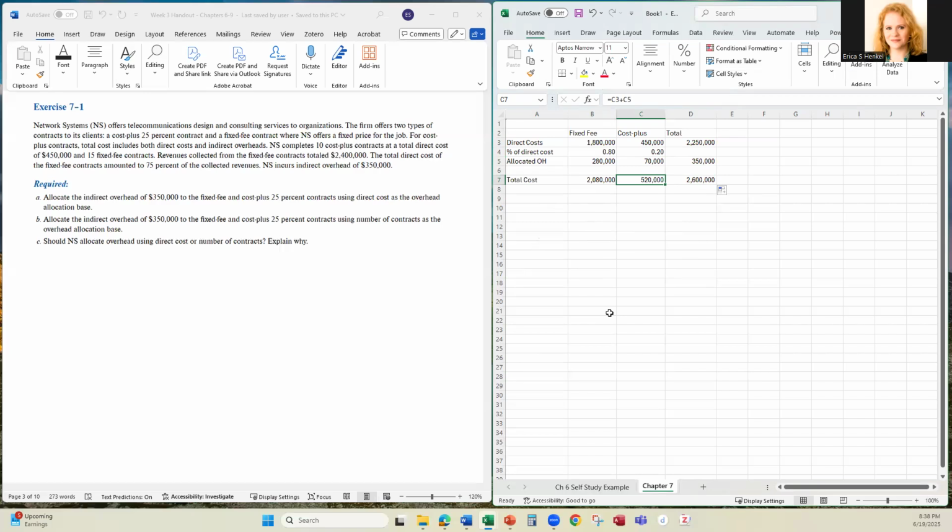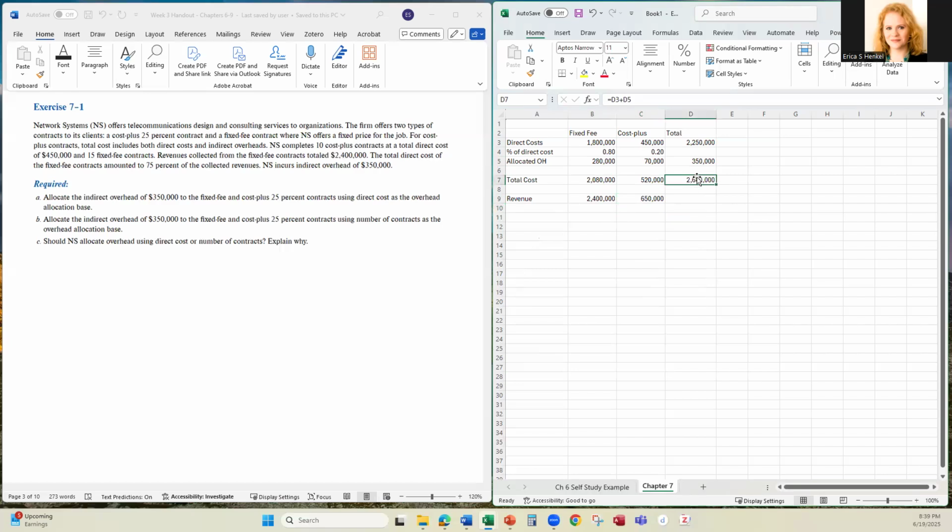So then we can figure out here, like they told us what the revenues would be, by the way, here was 2.4 million. They gave that to us in the problem, and then they said this one's going to be cost plus. So we would take that cost and multiply it times 1.25. They don't ask us to do this in the problem, by the way. I'm just doing it so that we can see what we would expect to have.